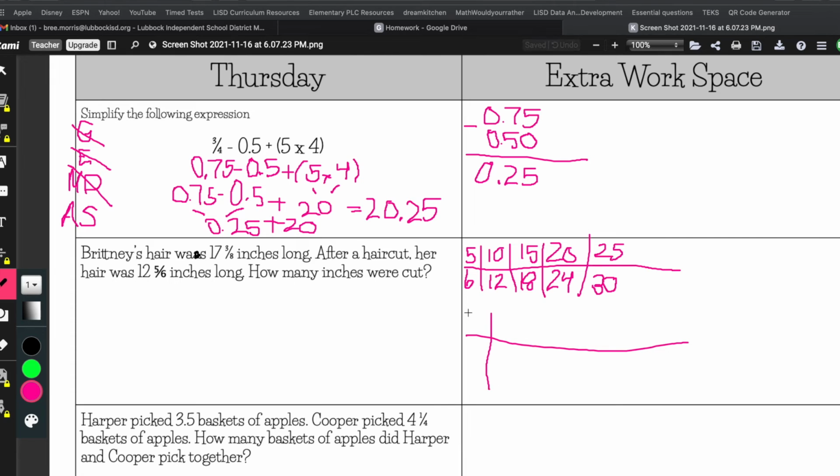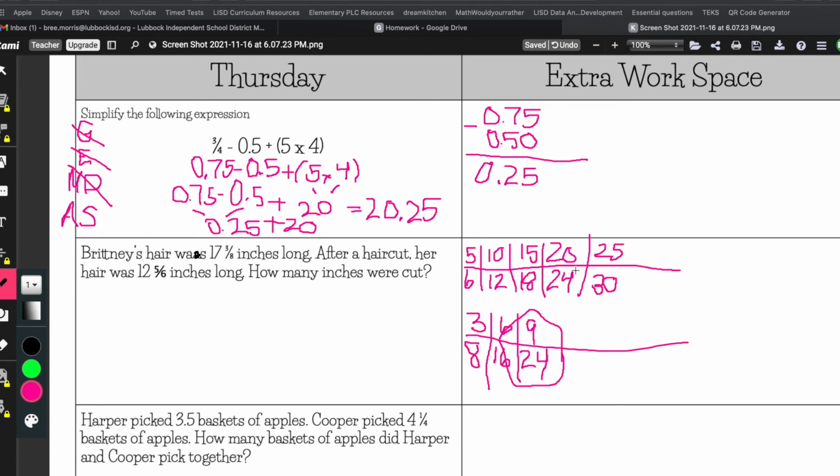For 3/8, times 2 is 6, times 2 is 16. No match yet. Times 3 is 9. Times 3 is, ooh, got us a little match here.